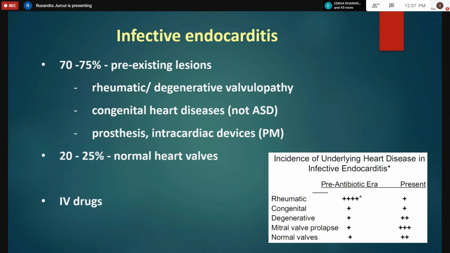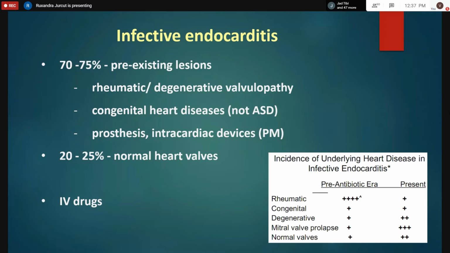Or it can be the situation of a patient who is, for example, an IV drug user, and the syringes and needles for IV drug administration, which often are not very well sterilized, and also the skin not being well sterilized, allow the entrance into the circulation of microorganisms, so that even on normal heart valves there would be an infection.